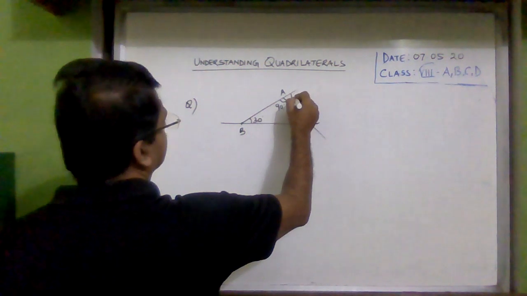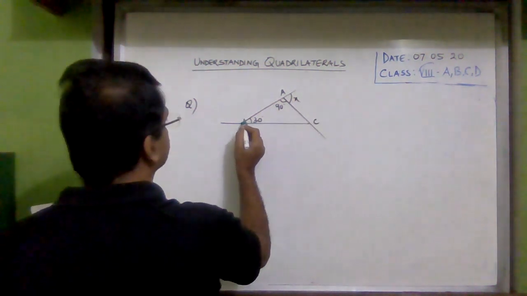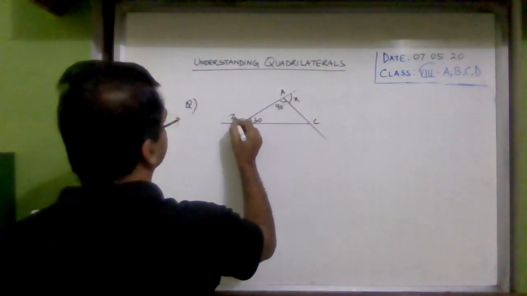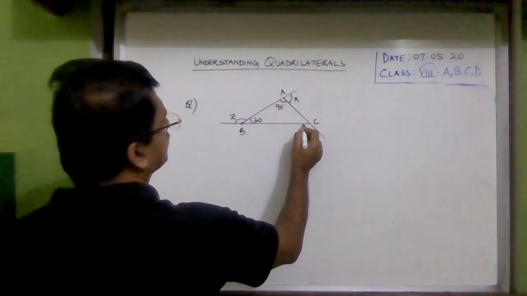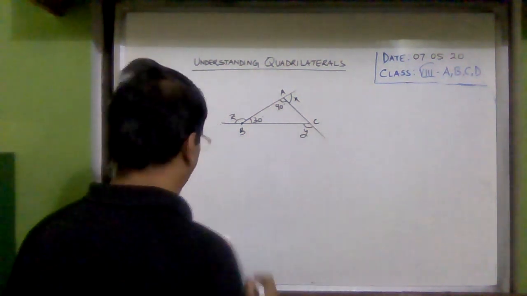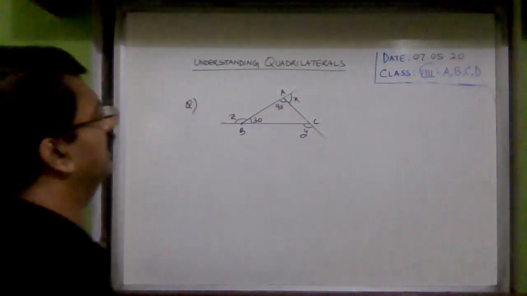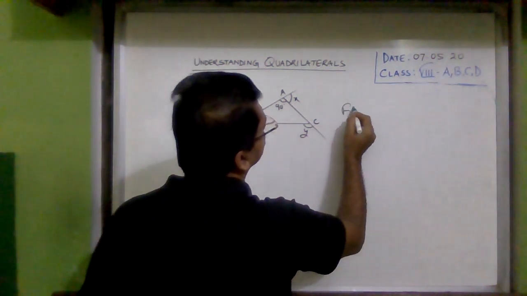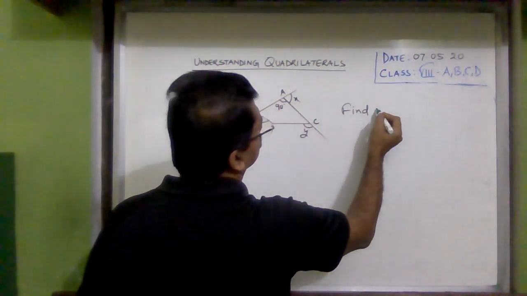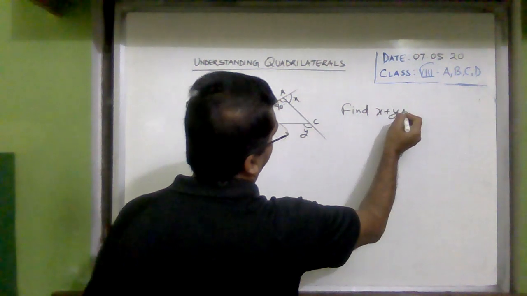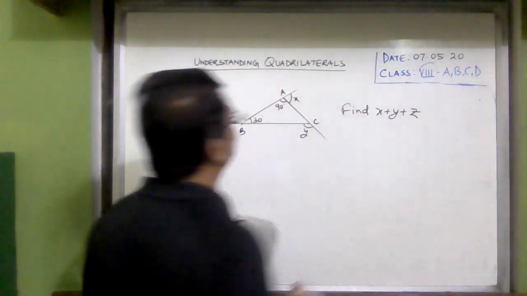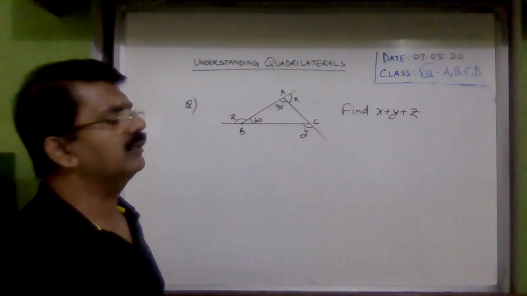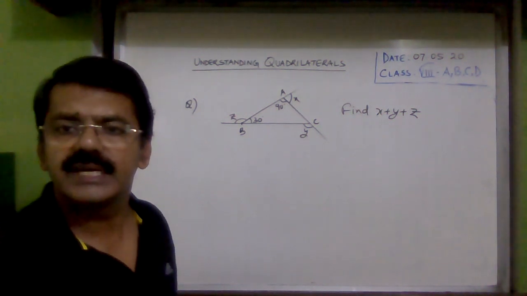This is X. This is Z. And this angle is given Y. Now find X plus Y plus Z. You have to find the value of X plus Y plus Z.